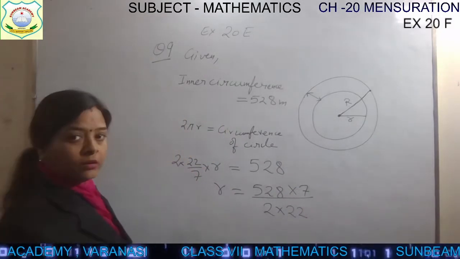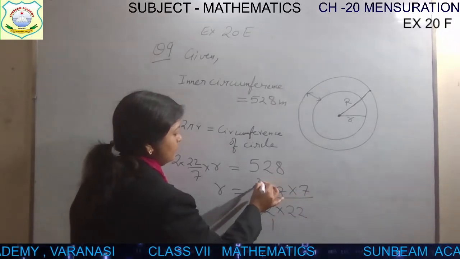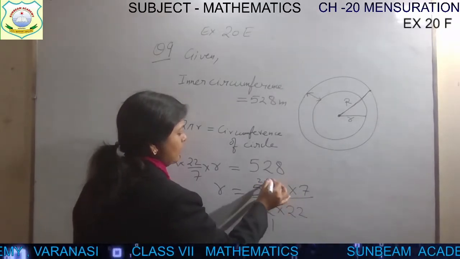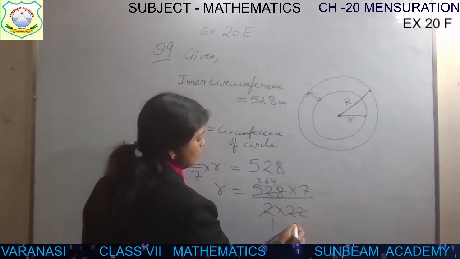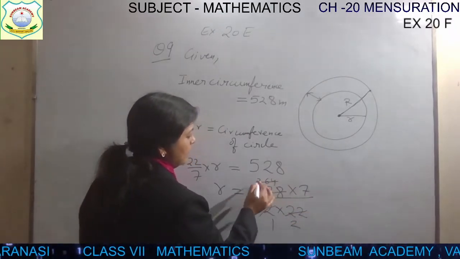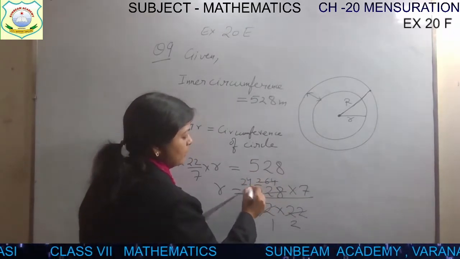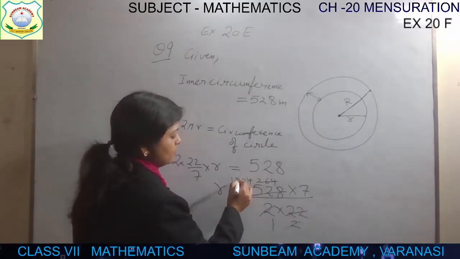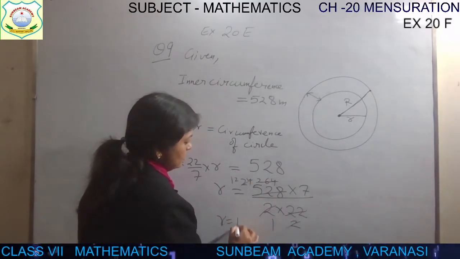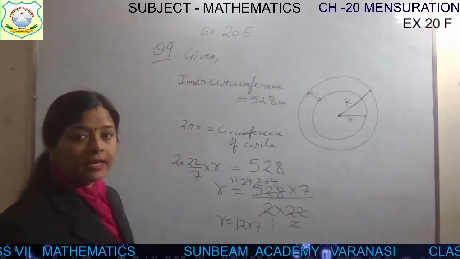Okay, now just solve it. 2 1s are 2, 2 2s are 4, 2 6s are 12, 2 4s are 8, and then 22. 11 2s are 22, 11 2s are 22, 4 is left, 11 4s are 44. Again 2 we will cut, 2 1s are 2 and 2 2s are 4. So radius is equal to 12 into 7.